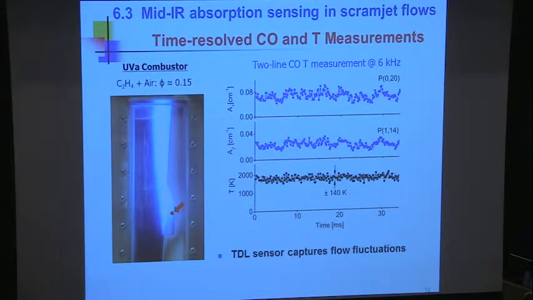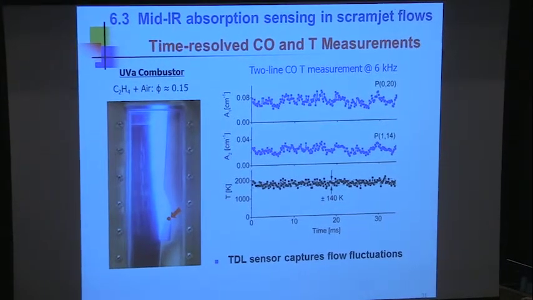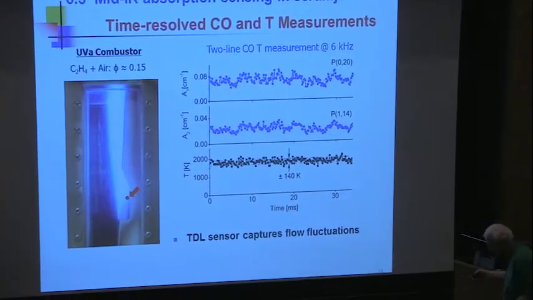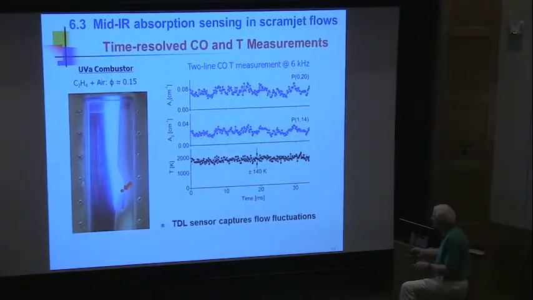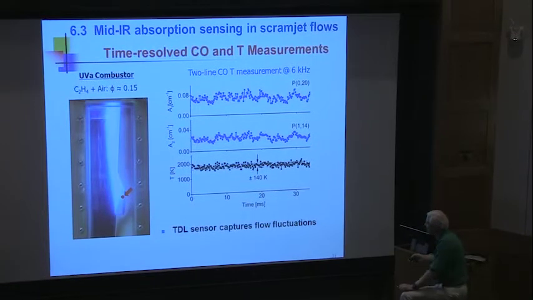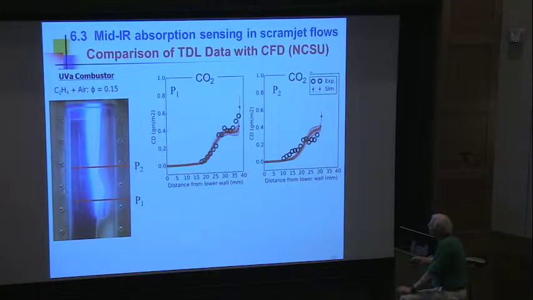Now, this is mostly noise, I would say, about 140 degrees. We're at about 1,600 Kelvin, and we're able to do this. So there's information content in the mean and also in the fluctuations. What was interesting is we compared the simulated conditions, the red points, as a function of distance from the wall in this cavity.